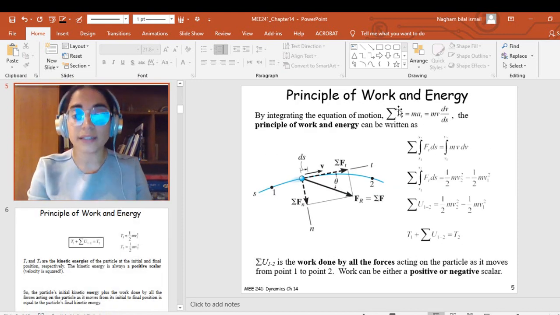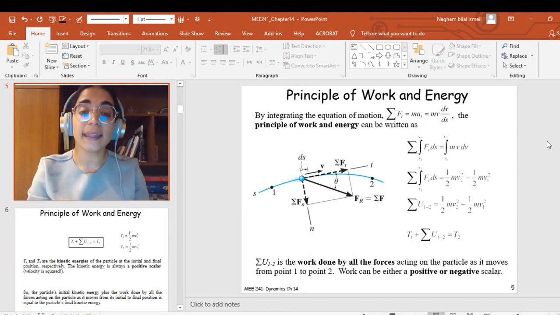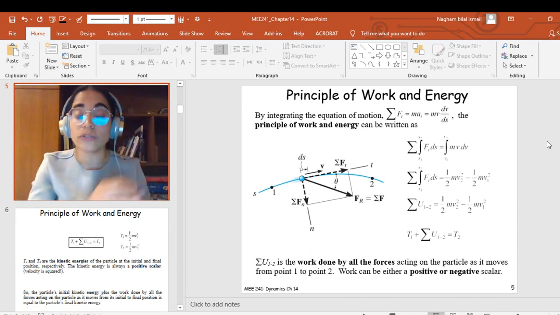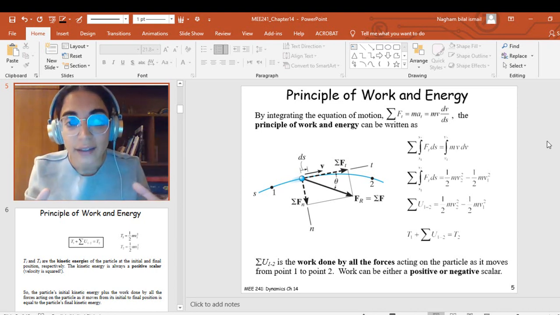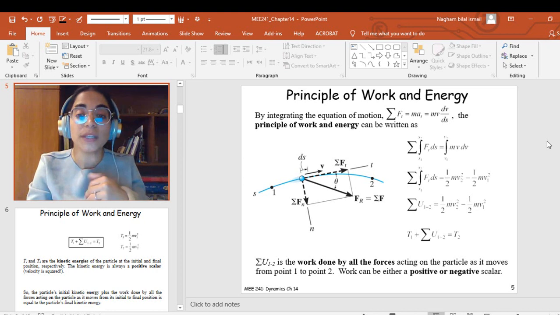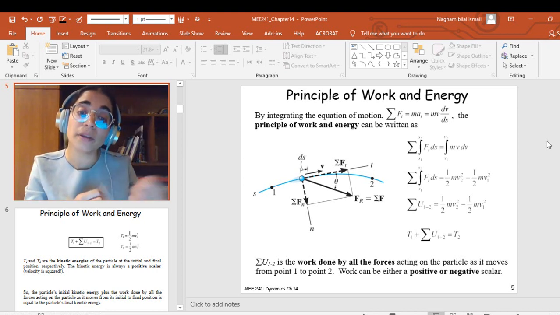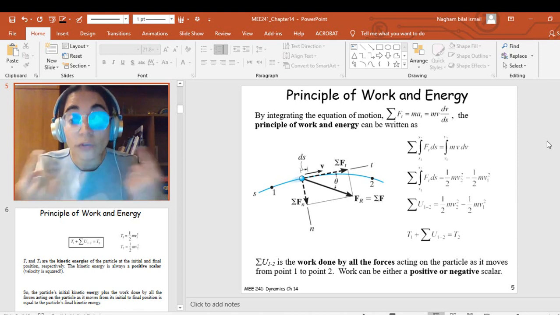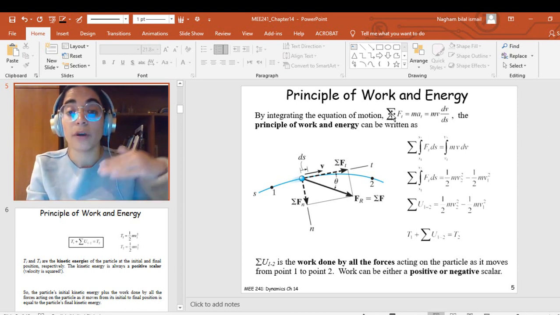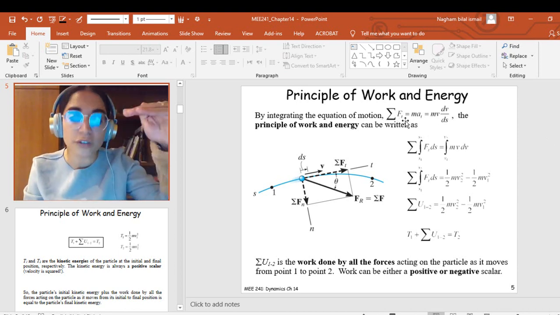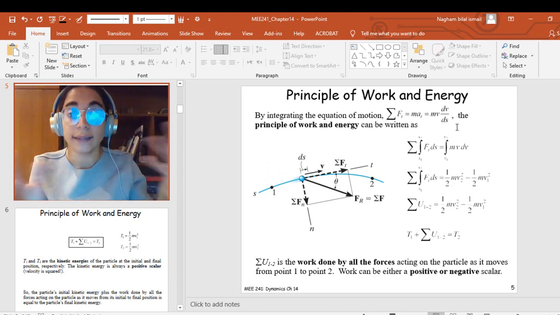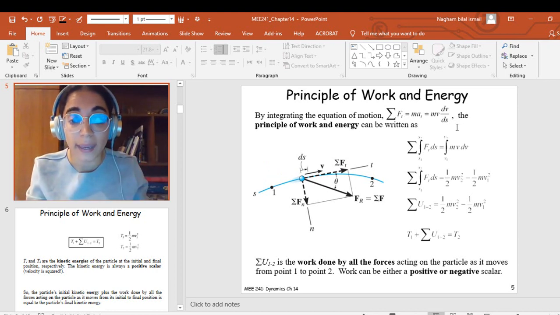So if I replace this at by v dv over ds, and then I take this ds to the side of F, and then I apply it as an integration between s1 and s2. So if I do the integration and then I do the sum, because I may have more than one force, all right? So I know from the second law that sum of forces equal to m v dv over ds because it is equal to ma.